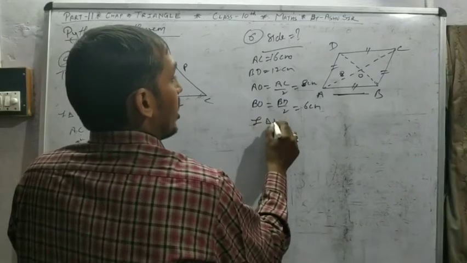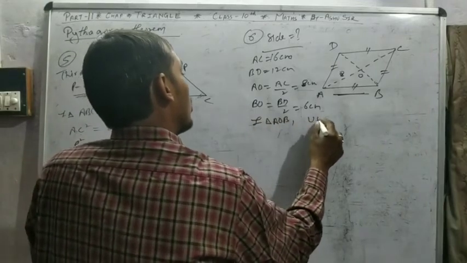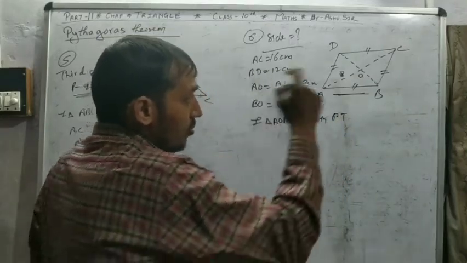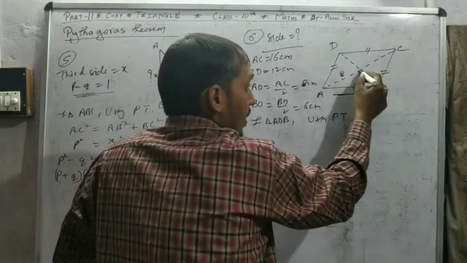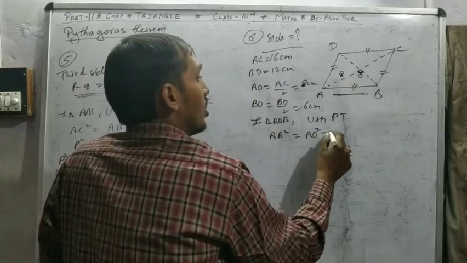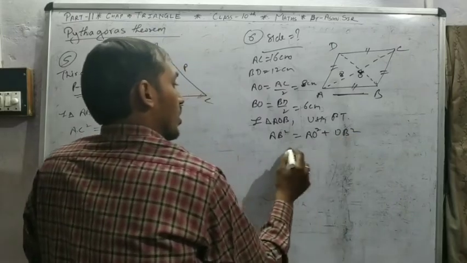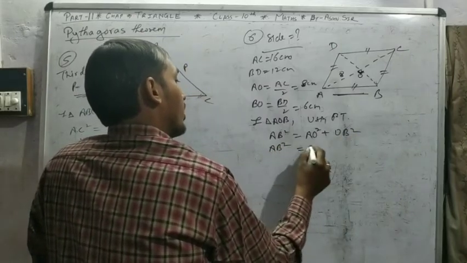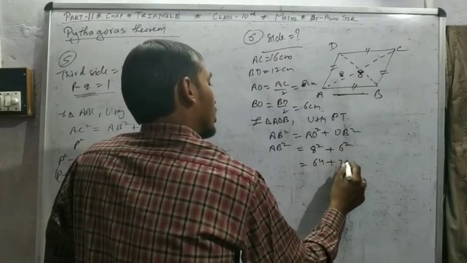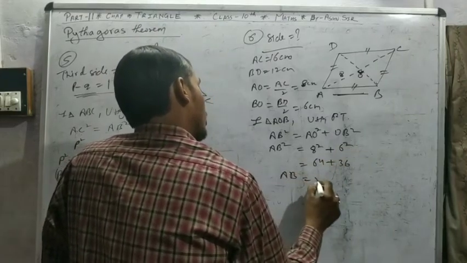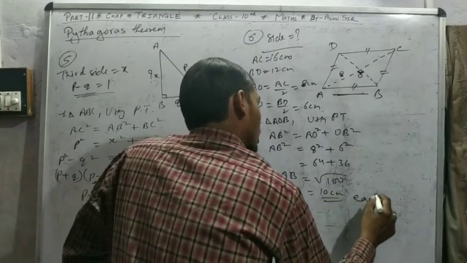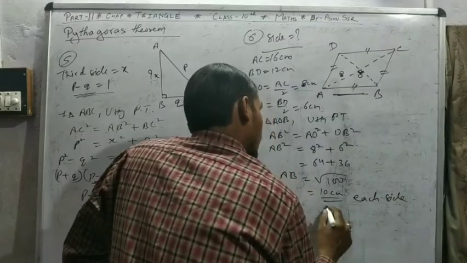So in triangle AOB, using Pythagoras theorem, don't be shocked, because in a rhombus the diagonals are perpendicular to each other. So AB square is equal to AO square plus OB square. AB we want to find. AO 8 square, 6 square, 64 plus 36. So AB is equal to root 100. That is 10 centimeters, each side of the rhombus.